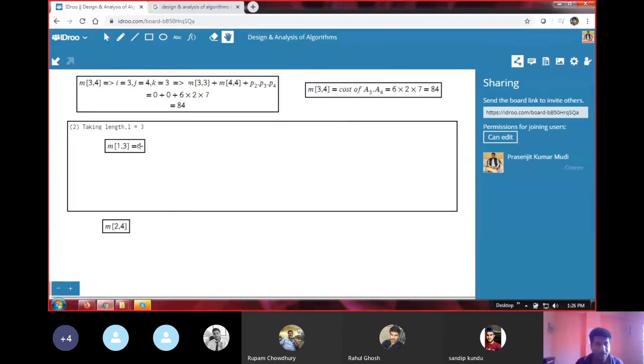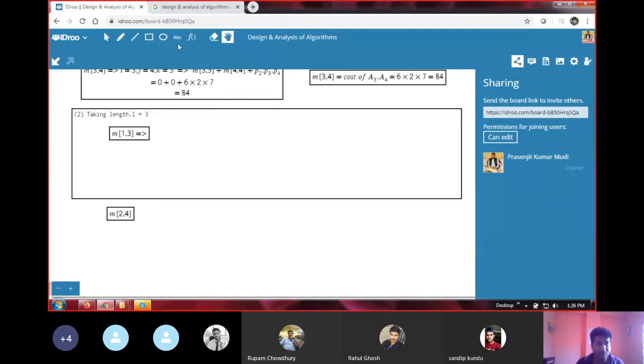So what is M13 representing? This is how we have written, right? It's corresponding to I equal to 1, J equal to 3. So what should be the value of K? Can you tell me, anyone?